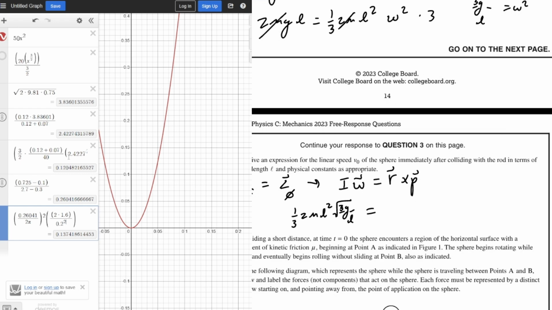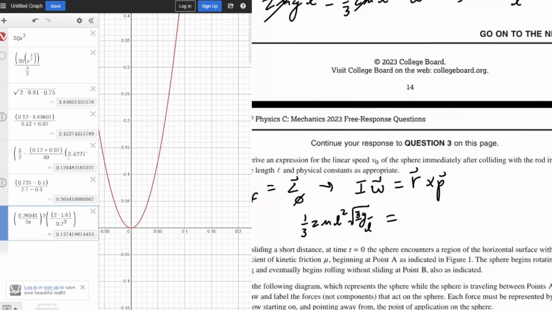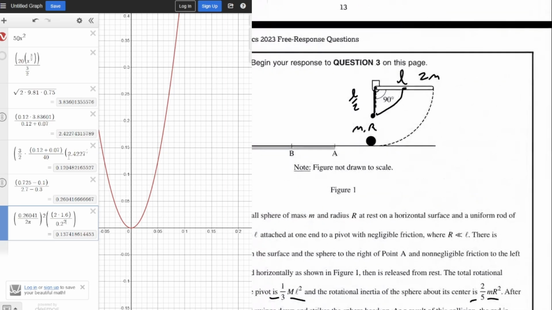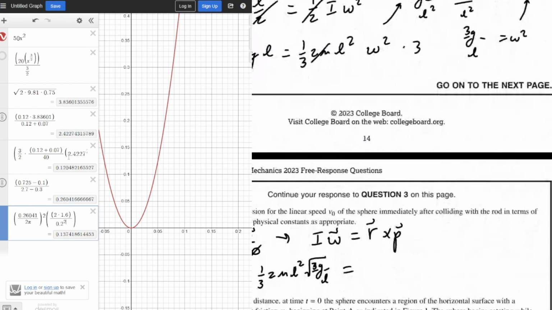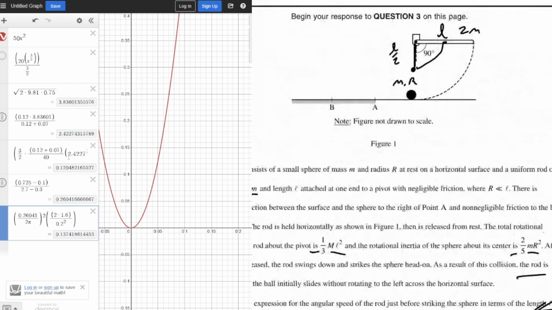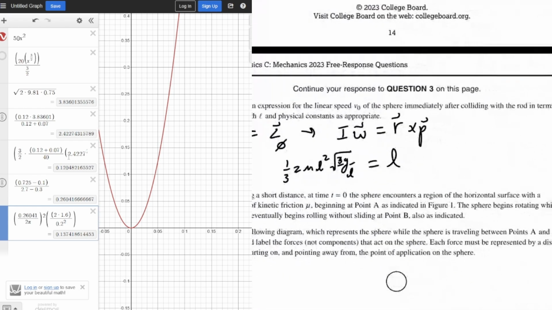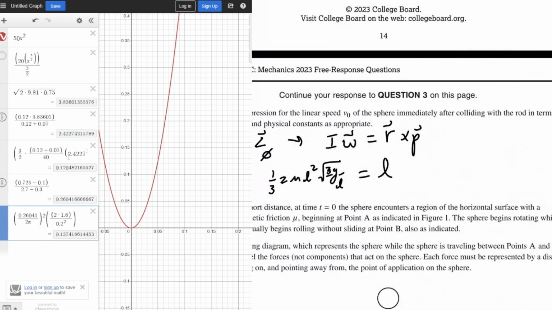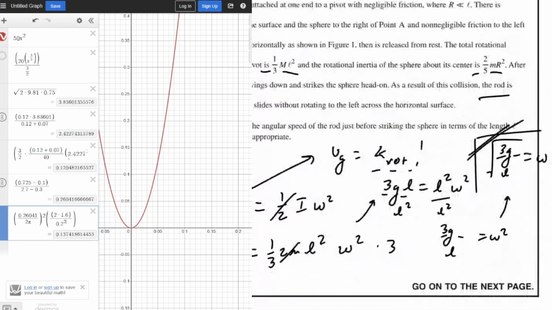And that has to equal the radius, that r is going to be this r, right? So r would be L. And then it's going to say m, the mass, and then v final. We're going to call it v naught. So m v naught L, right?